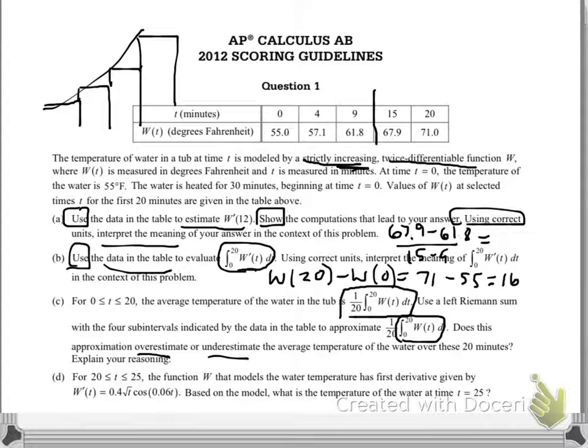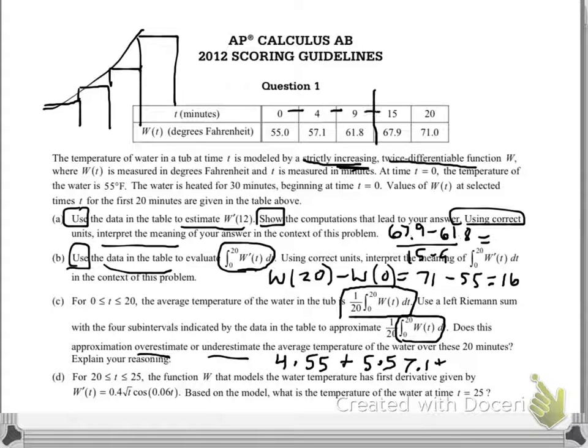And the left Riemann sum that you would use to find that would be the first interval, which is 4 times 55, plus the next interval, which would be 5 times 57.1. And this is a calculator question.